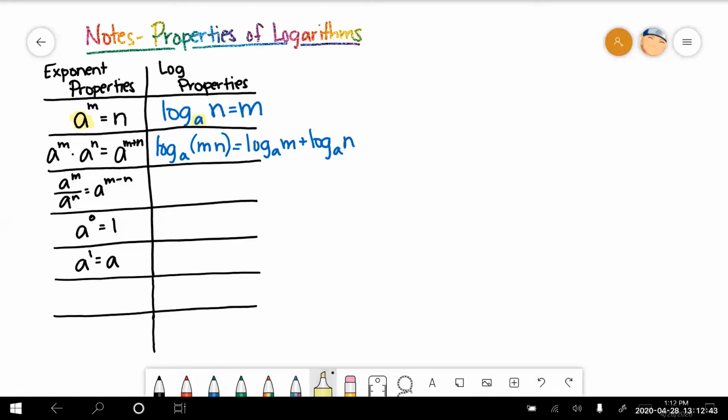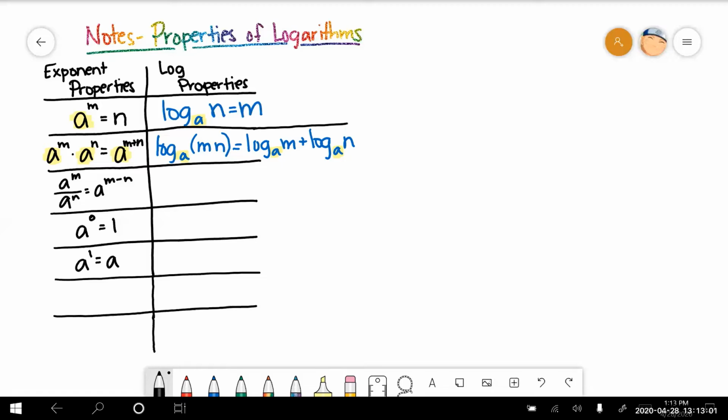Notice that all the base numbers, or in this case letters, remain the same. When you're multiplying the m and the n, you end up being able to add them up.